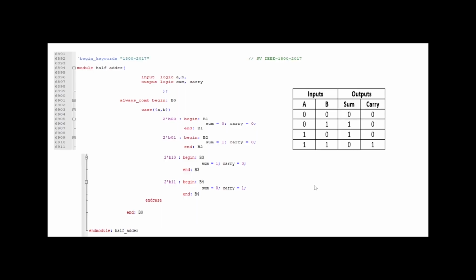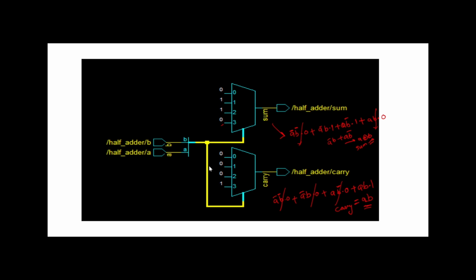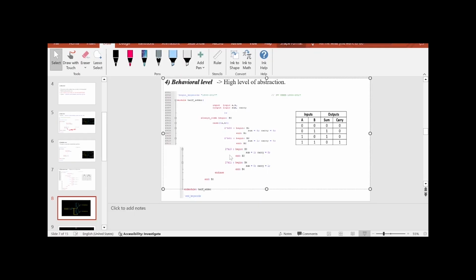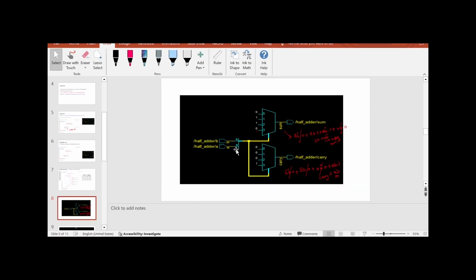Anything multiplied with 0 is 0, and this is A B. This is the carry expression for half adder. So if you synthesize this code and see the schematic view, we'll find the output something like this. So this is the simple half adder at different abstraction levels in Verilog.